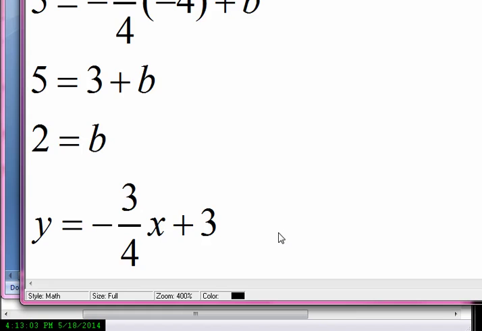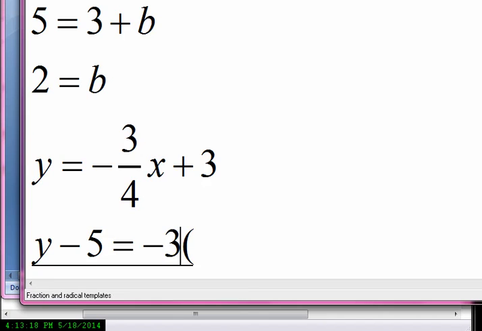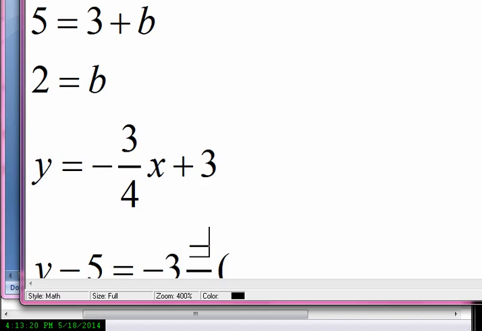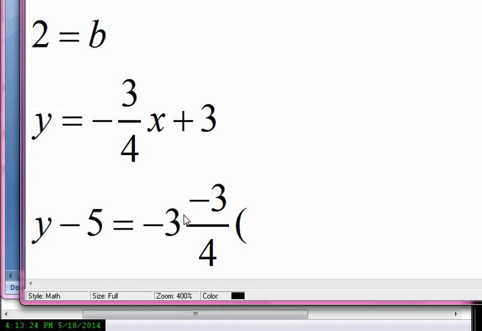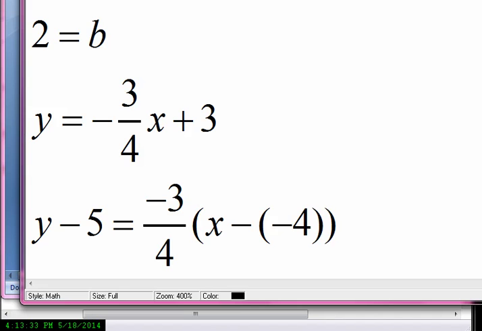Now I'm going to show you method 2. Method 2 is y minus the y value of the point, which is 5, equals minus 3/4 times x minus the x value of our point, and the x value of our point was negative 4.